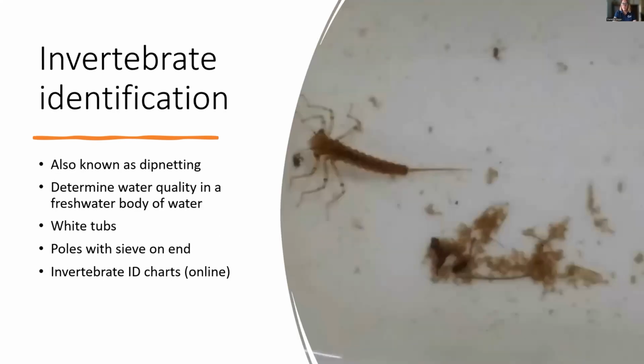You can also go and do some dip netting if you're by a creek. All you need is a white tub, some little sieves on the end of poles, and some invertebrate charts that are readily available online as well. And that's known as dip netting.